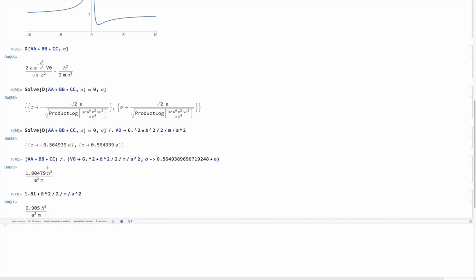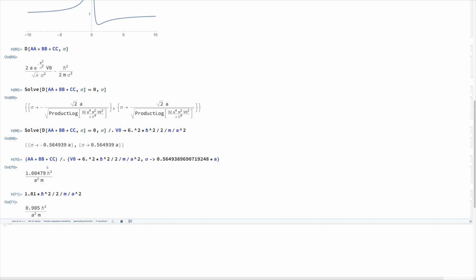And so we're about 10% off when we do this method by varying this function, the variational method, which isn't terrible. Especially because the function doesn't really share the same characteristics that we know the ground state has.